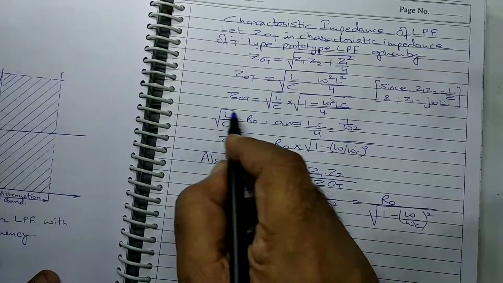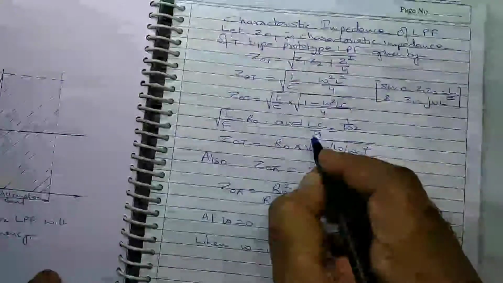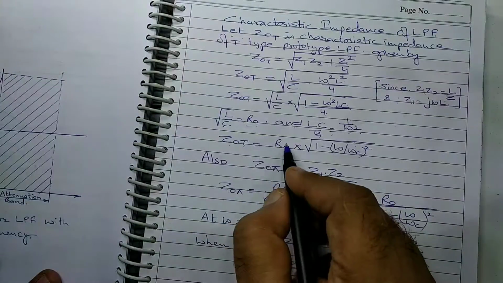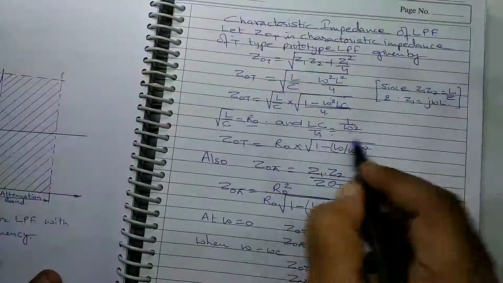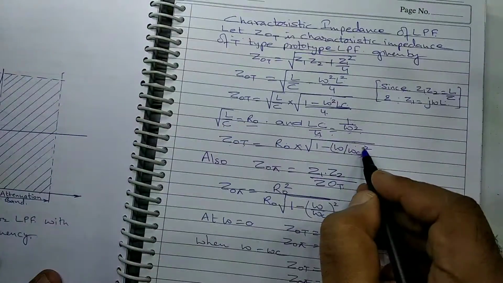So under root of L by C is equal to RO, and LC by 4 is equal to 1 upon omega c square. So ZOT is equal to RO into under root of 1 minus omega by omega C whole square.